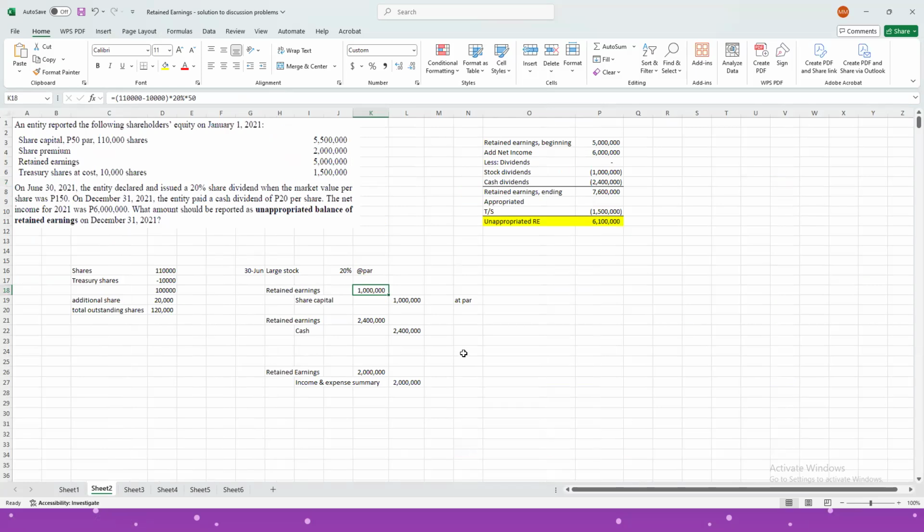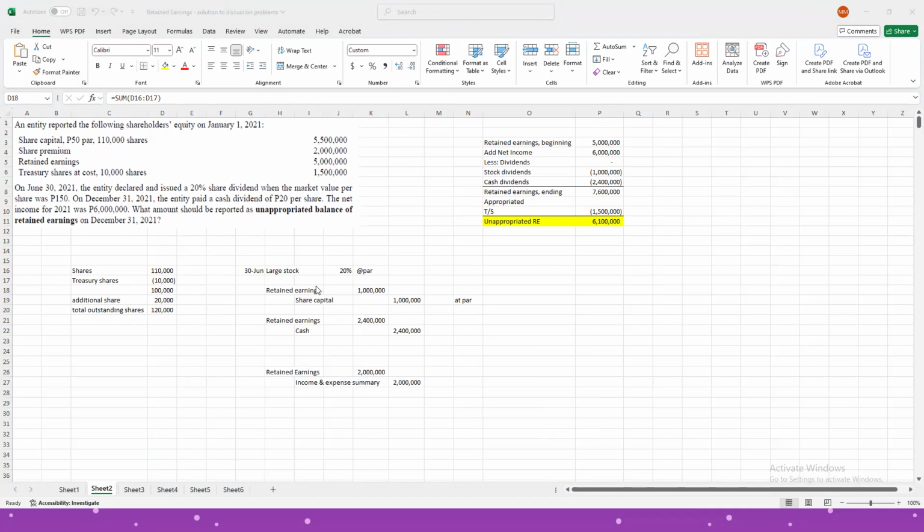O sige. This time, isa-isa natin class. We have total shares, 110,000. But then there's treasury shares. So we have to reduce the total balance by that. So total shares natin is 100,000. Now, the entity declared and issued 20% share dividends. Pag 20%, it is considered as large stock dividend.